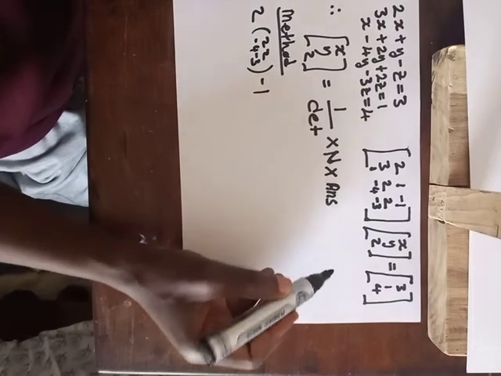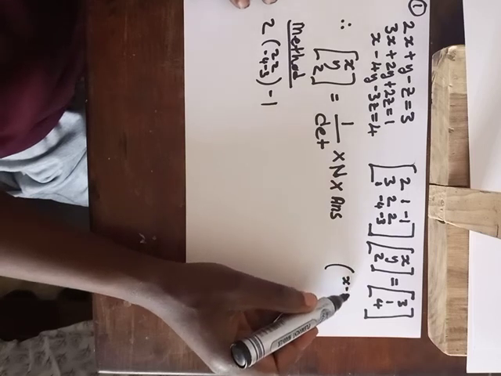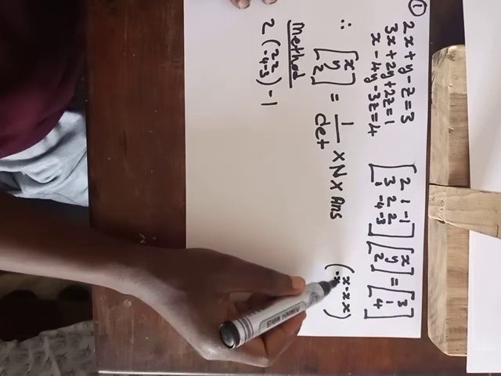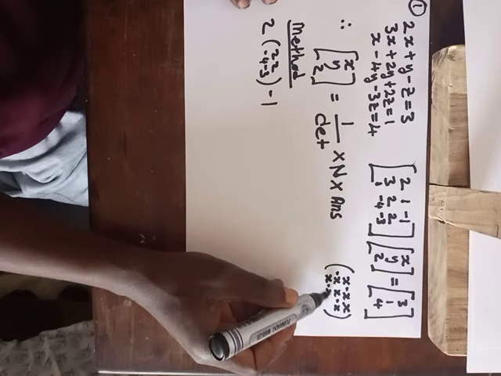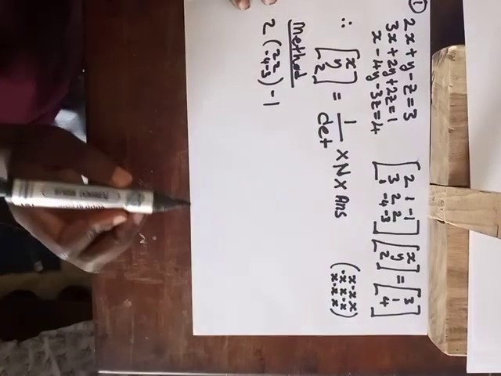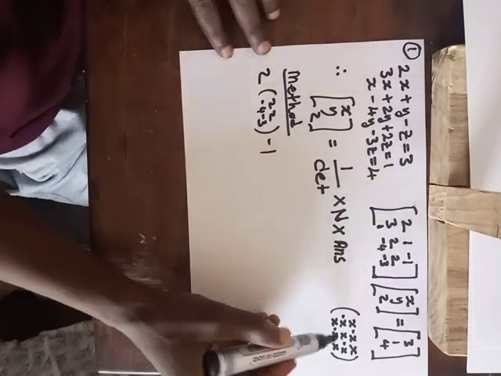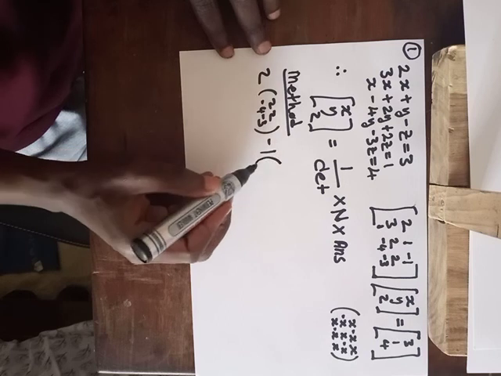The identity that you are using here is positive, negative, positive, and again negative, positive, negative. So positive, negative, and positive in that format. This is the identity we are using for this one. So when we come here, you are taking the negative, so it's -1. And then you have your brackets.